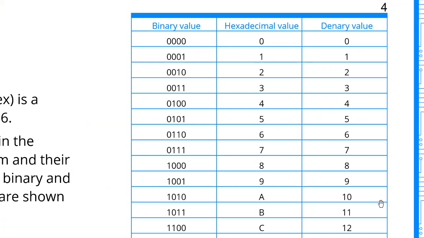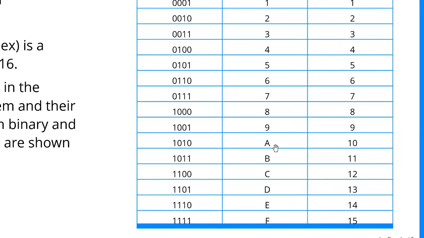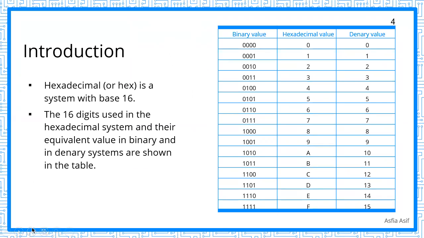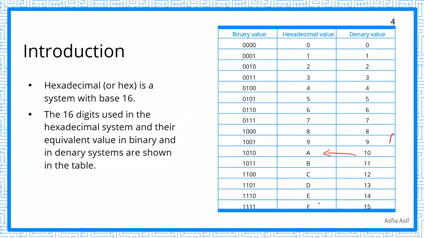But in the hexadecimal, after 9, we represent it as A. So 10 is represented as A, 11 is B, C, D, E, F. So basically in hexadecimal, we have from 0 to F.